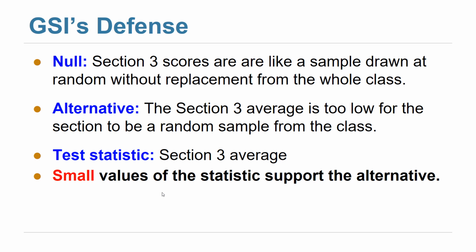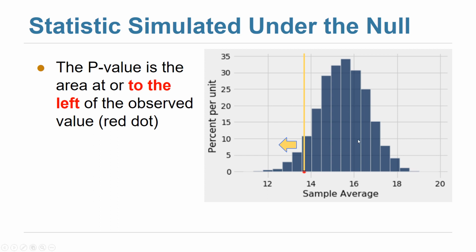So that's the direction for computing the p-value. When we have the distribution like that, small values will be in the direction of the alternative. Then when we have the observed value, the area to the left of the observed value is the p-value.